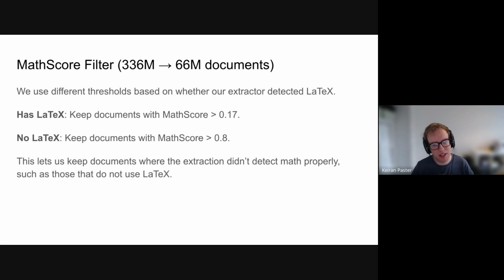If there's no LaTeX detected, most likely the document doesn't have math, but maybe there's some math that we didn't detect. Maybe the document just doesn't use LaTeX for some reason. So here we'll keep documents that have over an 80% chance of having math in them. This lets us keep documents that didn't have LaTeX or where our pipeline didn't properly detect the math.